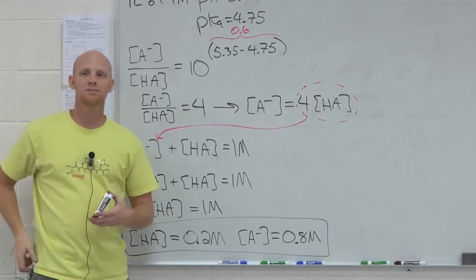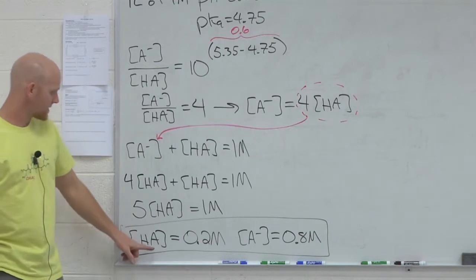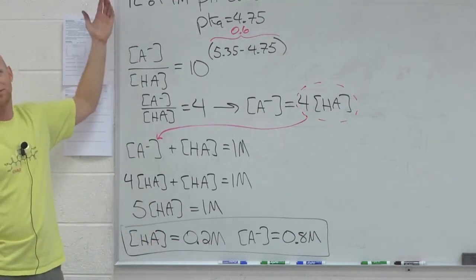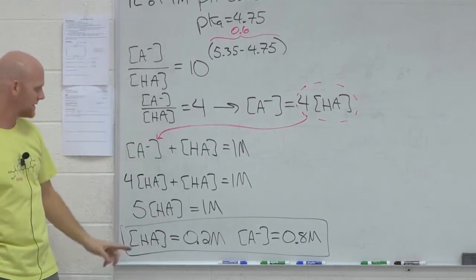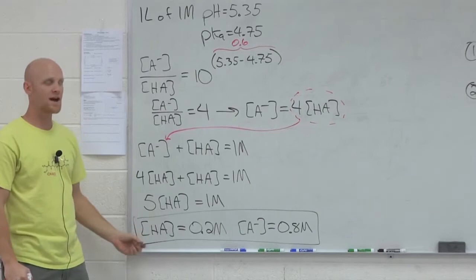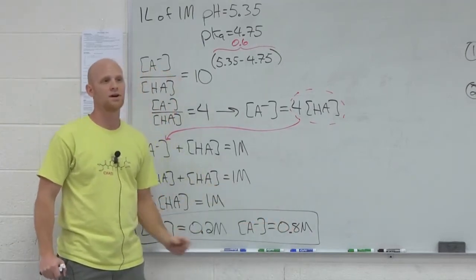If you were going to actually make this up in the lab, you'd take this a step further. You'd take your concentration, moles per liter, and multiply by how many liters you're making. Well, multiplying by 1 liter makes it easy. So multiply this by 1 liter, and you'd need 0.2 moles of acetic acid. And you'd need, again multiplying by 1 liter, 0.8 moles of acetate.